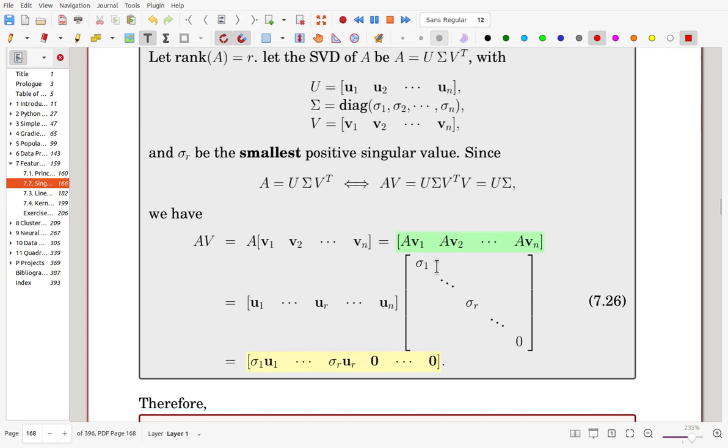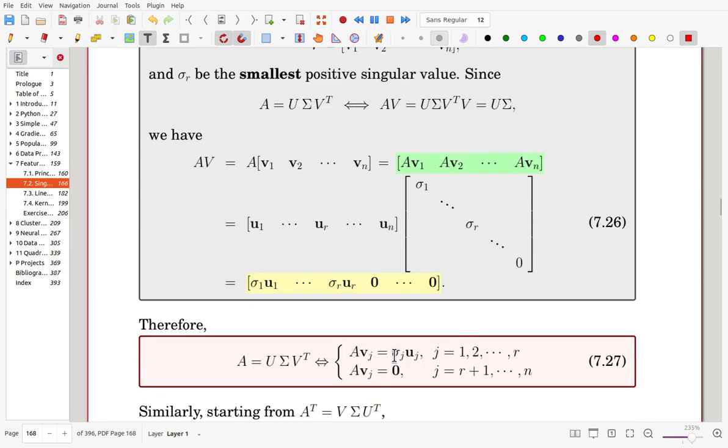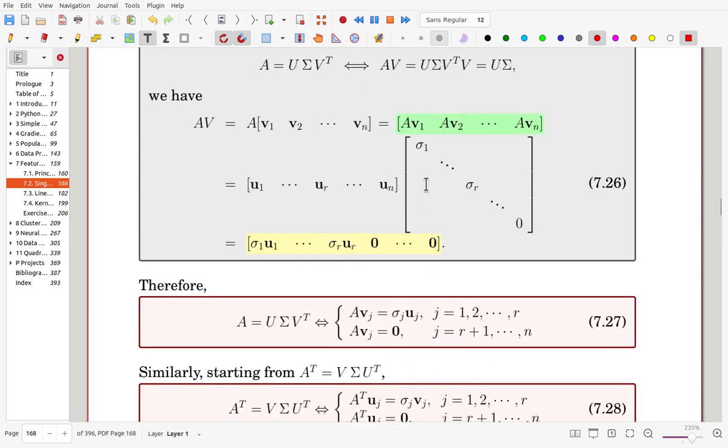By comparing this one and that one, we can reach here now: A Vj is the same as sigma j Uj for j from 1 to r, and then A Vj equals 0 when j is larger than r, because from here to there, it must be 0.